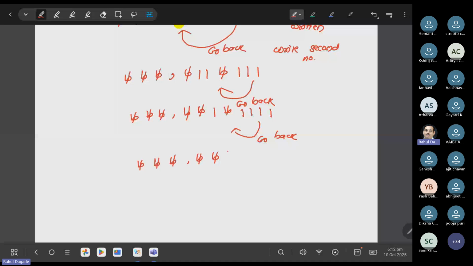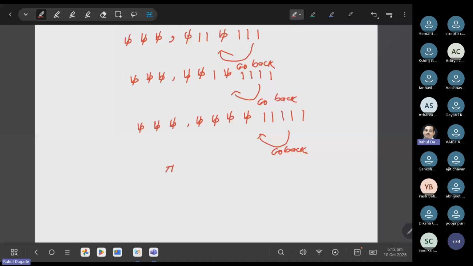And while going back, we come to know that there is no 1 left. There is no input left, and that is what is the output. So whatever we got now, 1 1 1. So we have the output at the end.